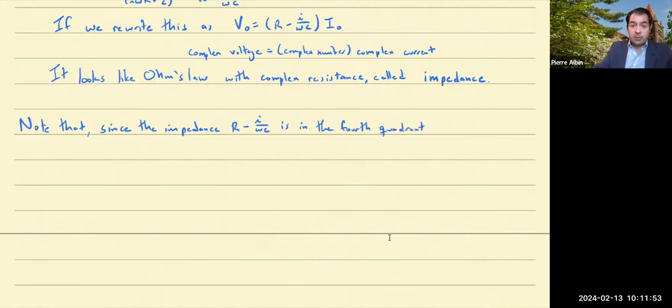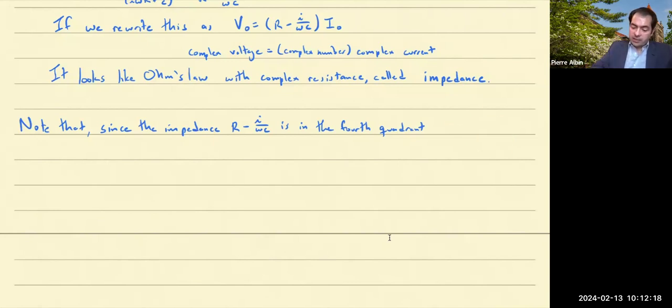Right? If you think of complex numbers, so identify them with R2, with the x-axis being the real part and the y-axis being the imaginary part, then a complex number like this, where the real part is positive and the imaginary part is negative, lies in the fourth quadrant, down here somewhere.